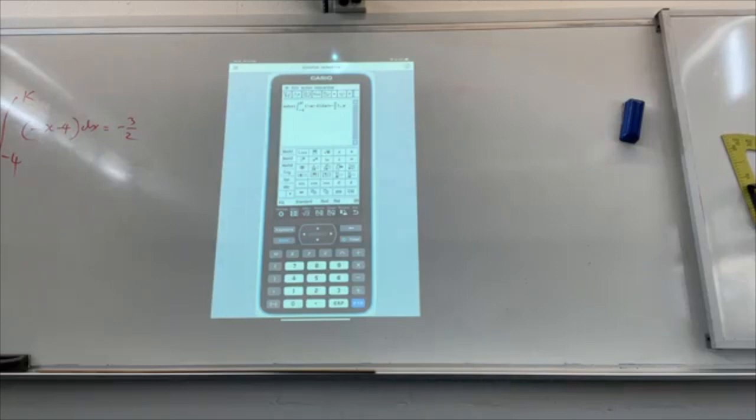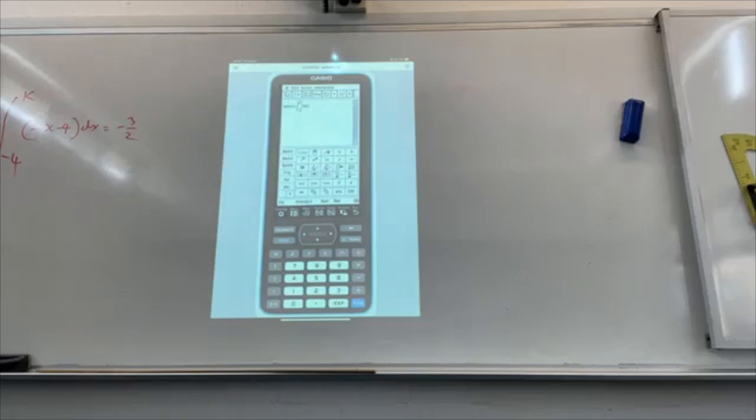Wait, so B squared is 16 minus 4. I don't even need that. Okay, let's start again. So I'm going to solve for x. I'll show you later.